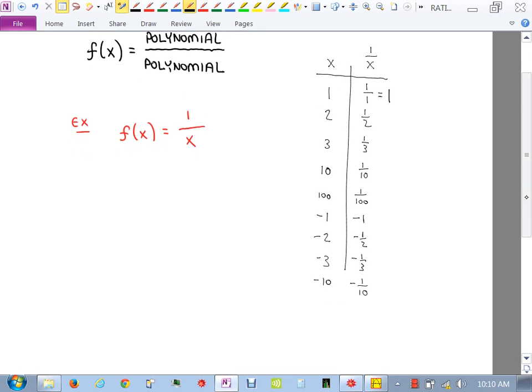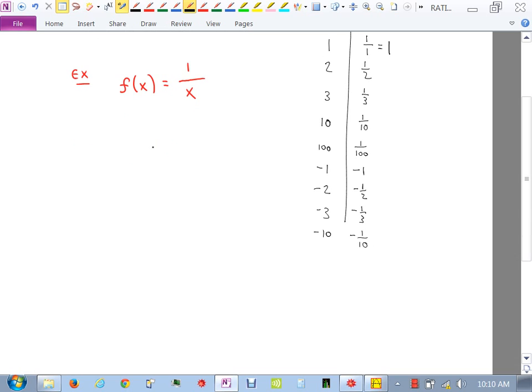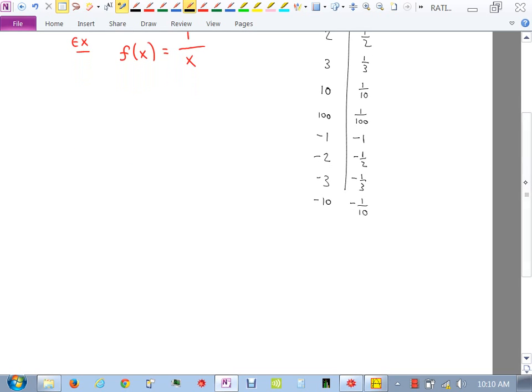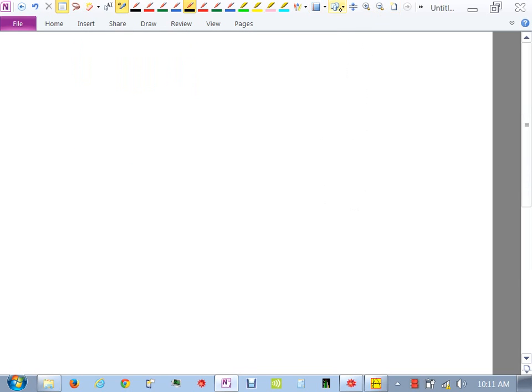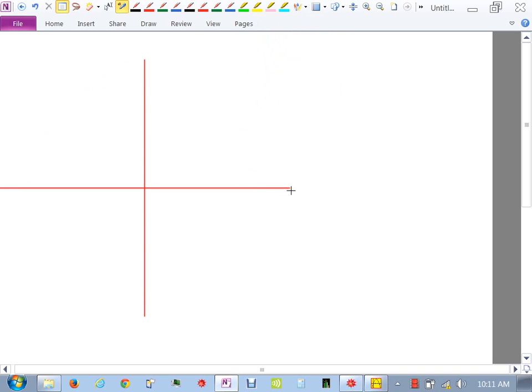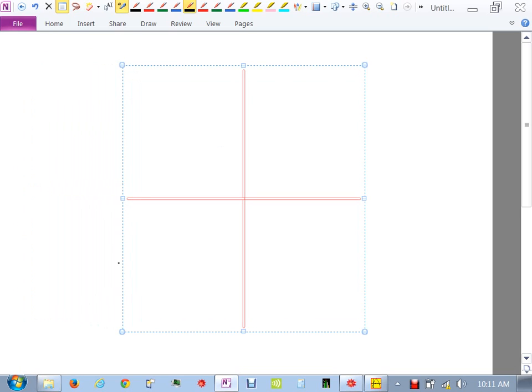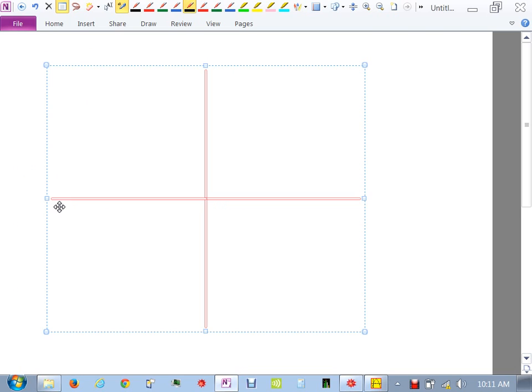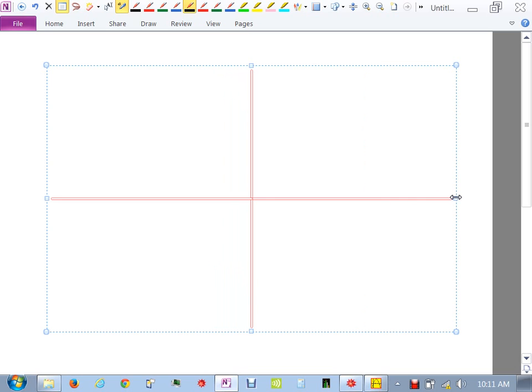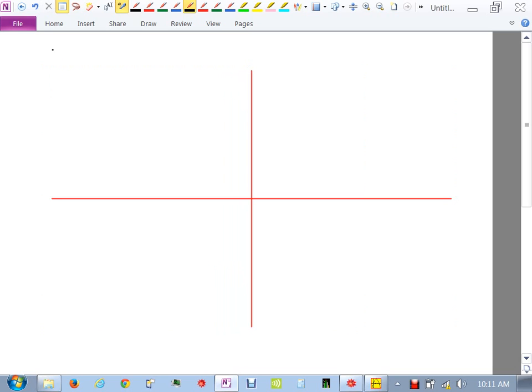Now, I think I'll start to draw a graph here. I'm going to continue my table in just a moment. I think I'll do a new page for the graph. Now, here's my graph.